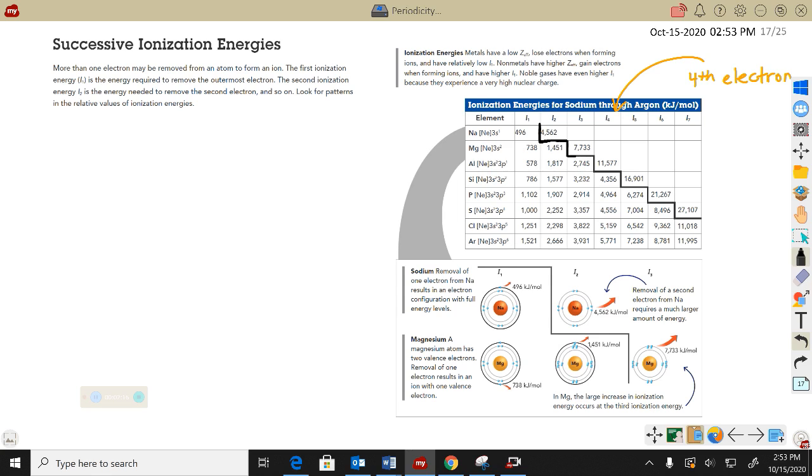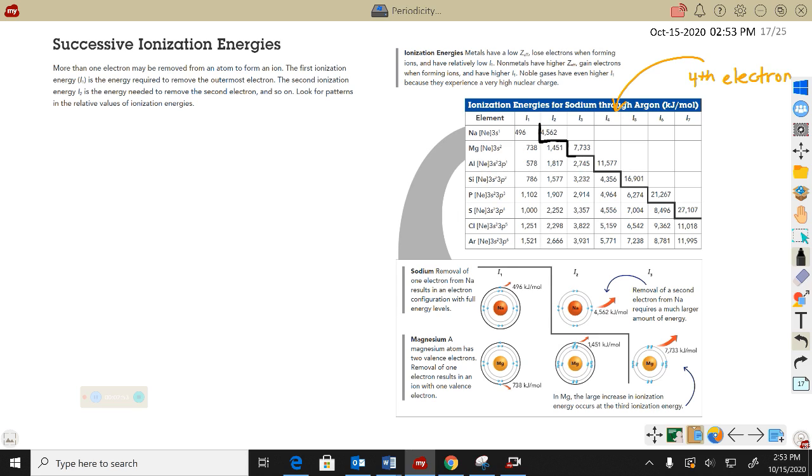So if I'm looking at silicon, it takes about 786 kilojoules to remove the first electron, then 1,577 kilojoules to remove the second, then over 3,000 kilojoules for the third, over 4,000 kilojoules for the fourth, and then, geez, it jumps from 4,000 to almost 17,000 kilojoules to remove the fifth. So I want to know, why do they increase? Why does it always take more energy to remove the electrons?